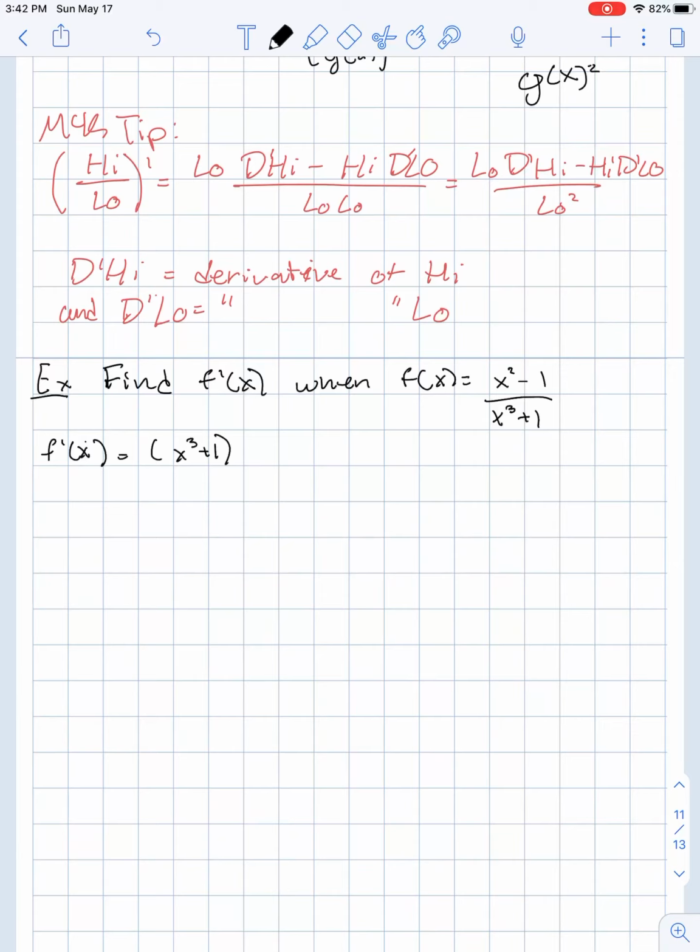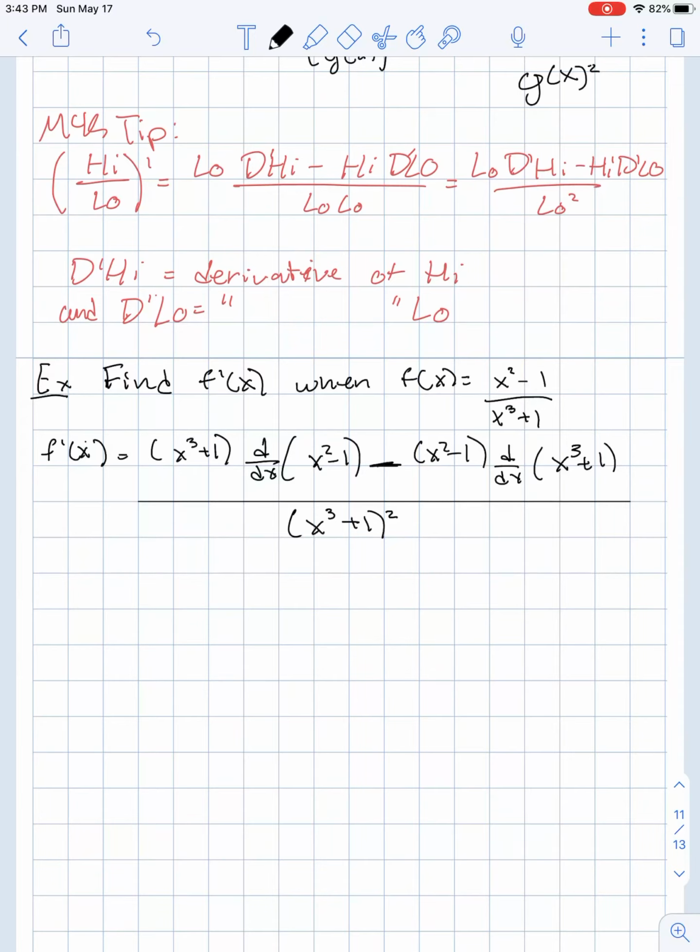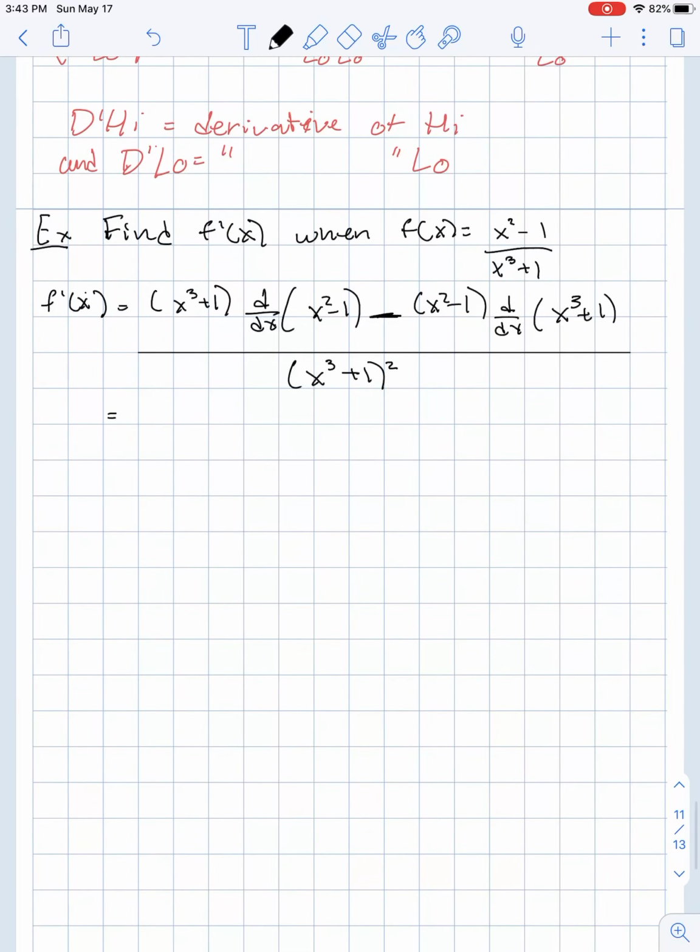yeah, so low is going to be x cubed plus 1 times d high, so we can write x squared minus 1 prime, or even, here, let's do it, d dx of x squared minus 1, minus high times d dx of low, x cubed plus 1, all over x cubed plus 1 squared.